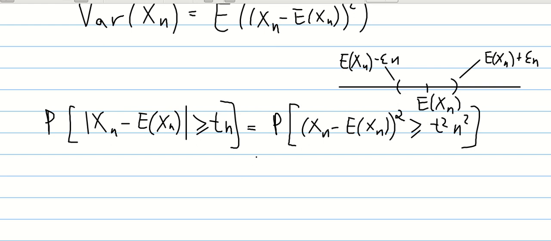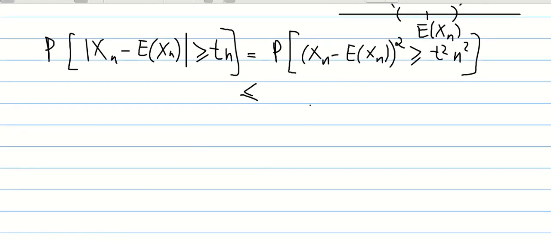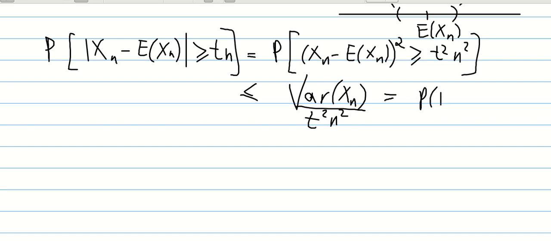And by Markov inequality, this is smaller or equal than the expectation of what's inside here, which is just the variance of xn, over the right hand side, which is t squared n squared, recalling that the variance is p(1-p) times n. We cancel one of the n's underneath and we get this bound.